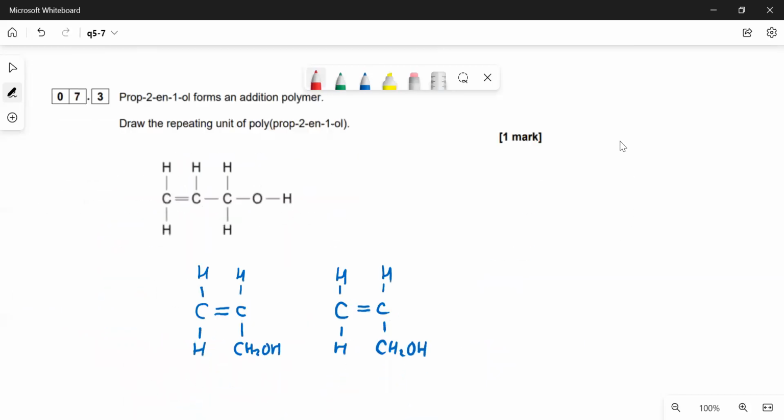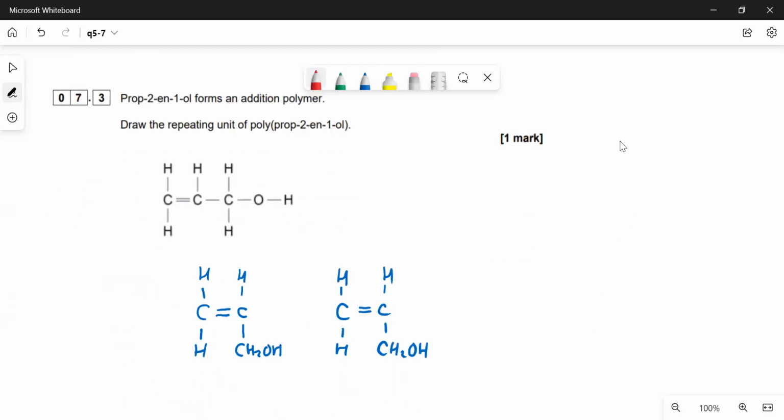(7.3) Prop-2-ene-1-ol forms an addition polymer. Draw the repeating unit of this. What I like to do when you're doing this is think of it as just being like ethene. If that was just an H there, that would be ethene, wouldn't it? But it's not an H, it's a CH2OH.